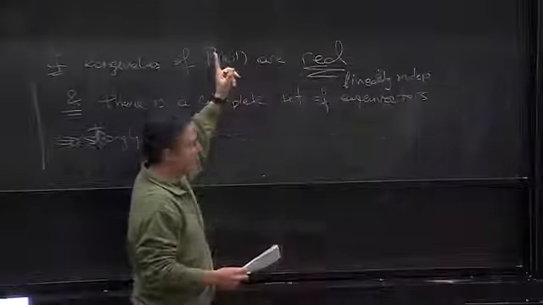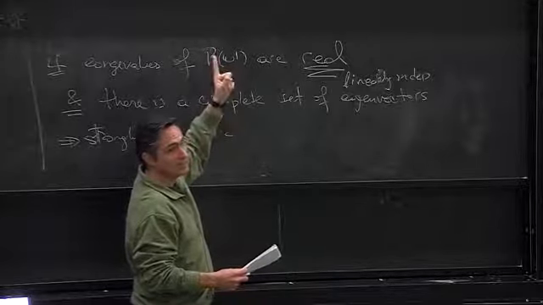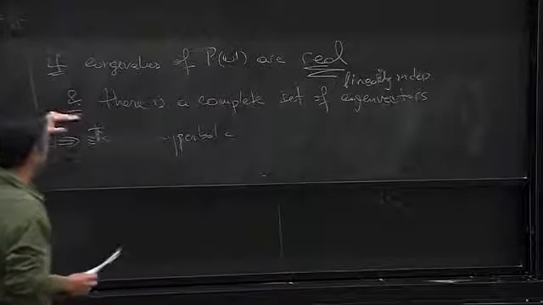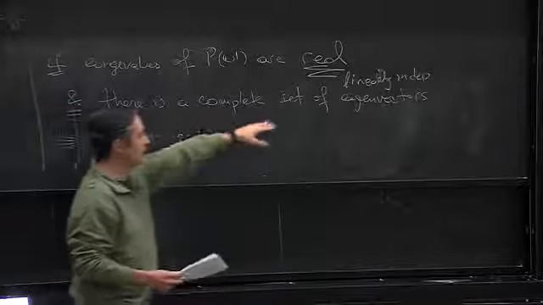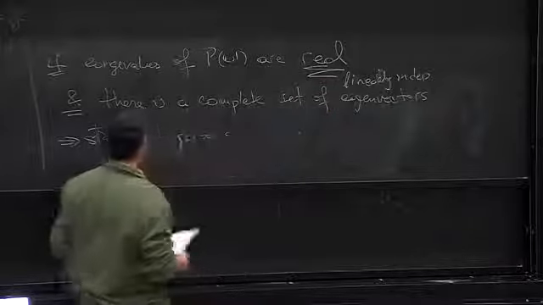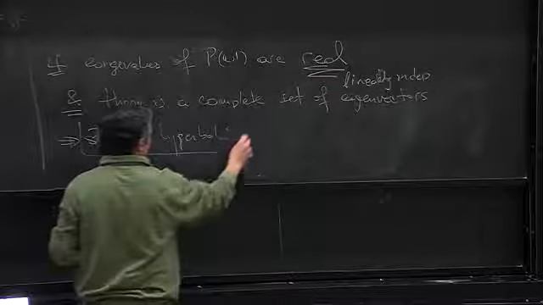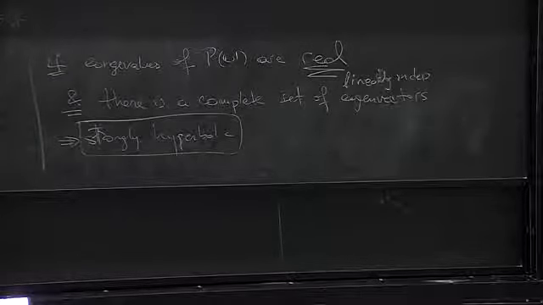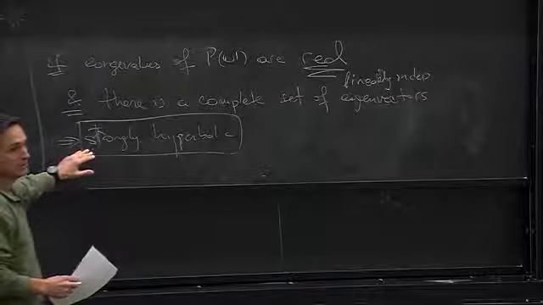In the example I gave you, we had the eigenvalues being real. They were equal to 1. The further condition is this one, that there has to be a complete set of linearly independent eigenvectors. And if that's true, the system is at least of type strongly hyperbolic. We're going to make a slight distinction of strongly symmetric, but for all intents and purposes, at the very least, this is where you want to be.